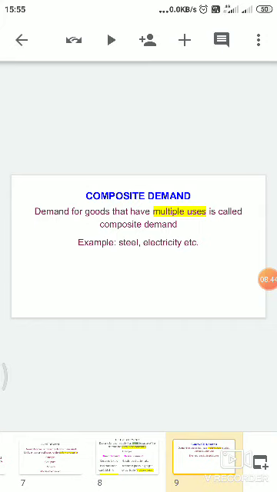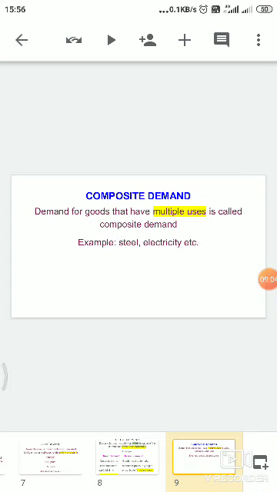Then comes composite demand. Demand for goods that have multiple uses is called composite demand. Any commodity which has several usages, like for example here you have steel. Steel can be used in making utensils.